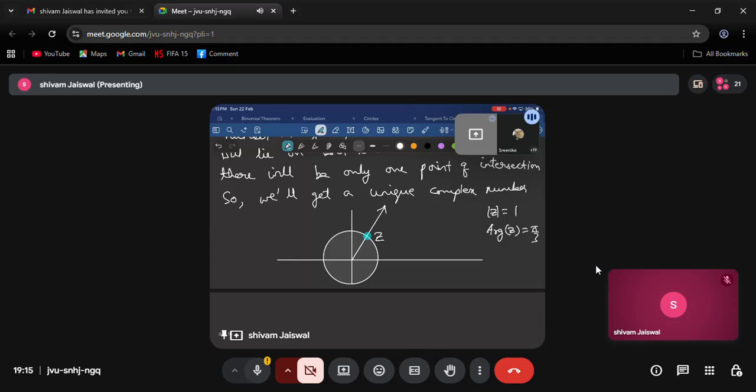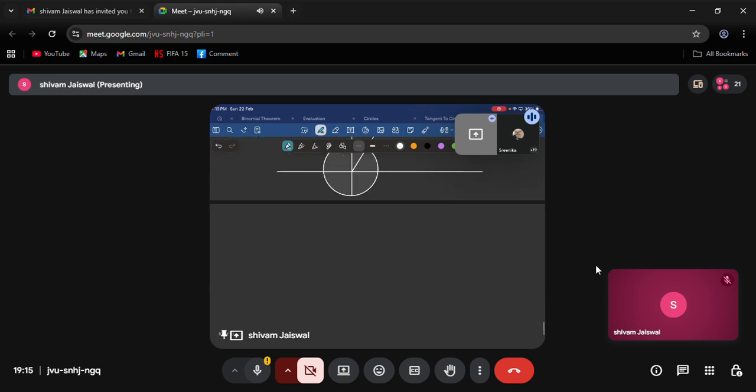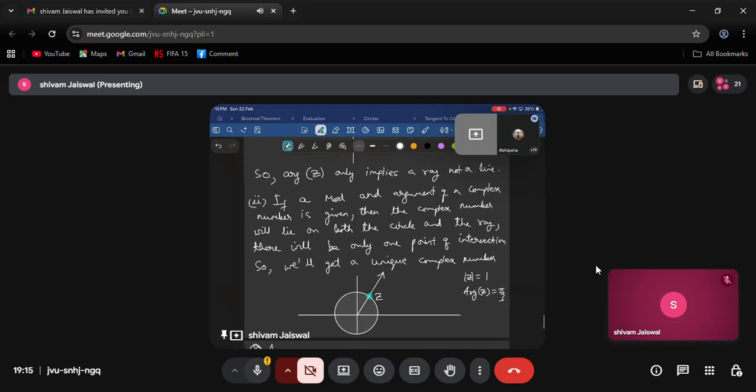Let us continue. Our next topic is amplitude. Since you have understood argument, let us define amplitude. Amplitude of Z, the principal value of the argument. Sir, can you explain this point once, please? Yes. Now see, Aviksha, over here mod Z is given to us, which means the distance from the origin is given to us, so it will represent a unit circle, right? At first you draw a circle. Now Z, your complex number, can lie anywhere on this circle.